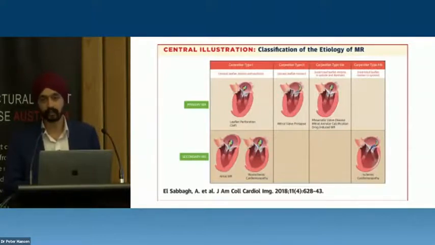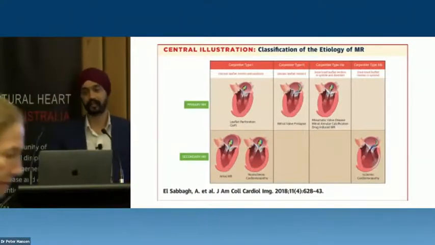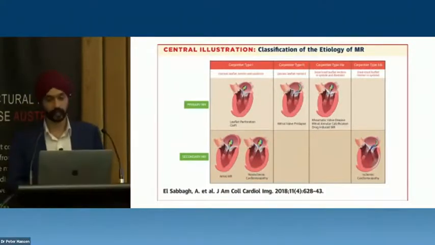With secondary mitral regurgitation, it's a problem of dilatation of the left ventricle, remodeling of the left ventricle predominantly, and change in geometry. But to make it a bit more confusing, in secondary mitral regurgitation, we've also got this concept now of ventricular remodeling and also atrial. Okay, so this concept also of atrial functional regurgitation.